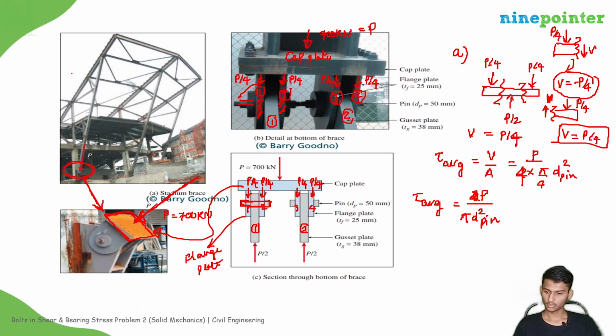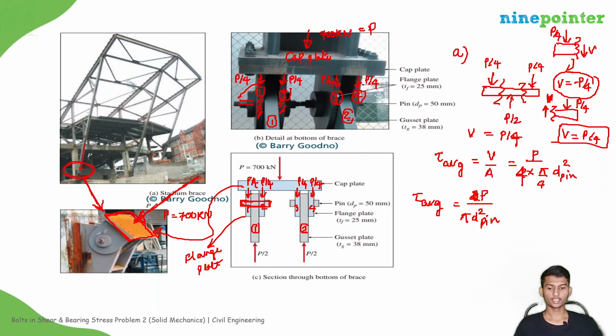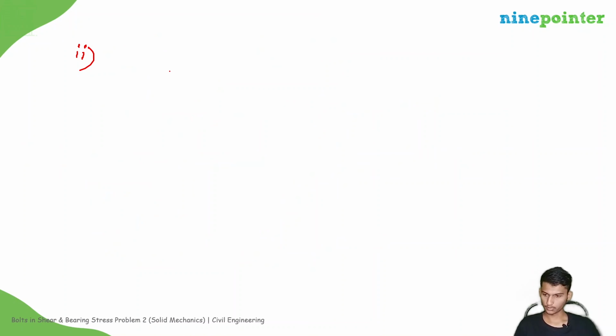Okay. Now let us solve the second part of the question. The second part is the bearing stress between the gusset plates and the pin. So where are the gusset plates? Gusset plates are these things over here. These are gusset plates, right? So if you take one gusset plate, from this hole the pin is passed, okay?